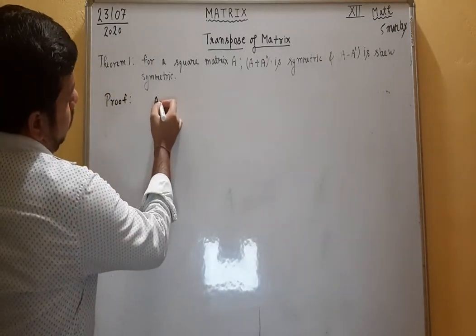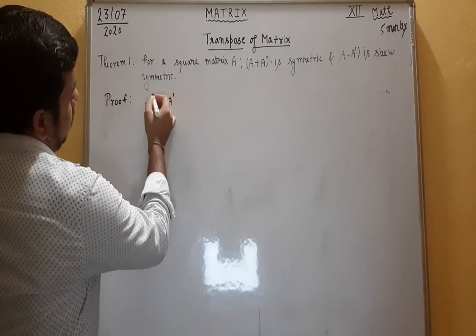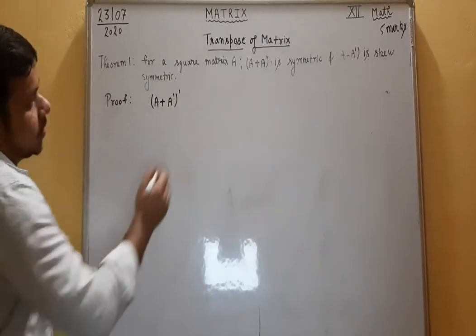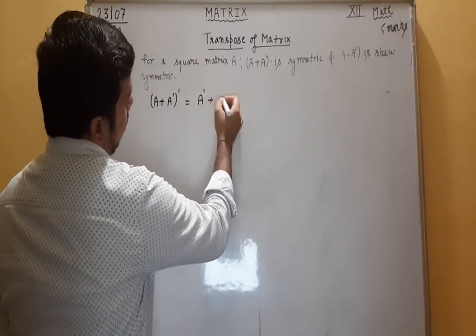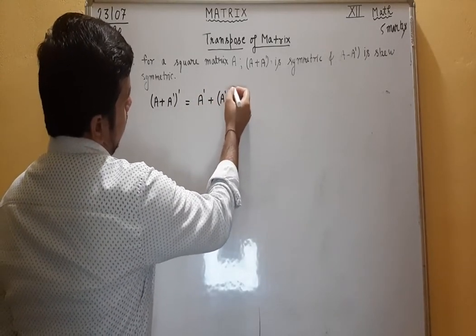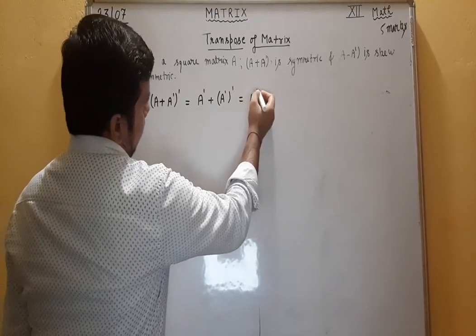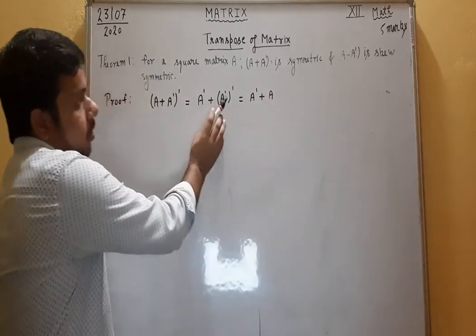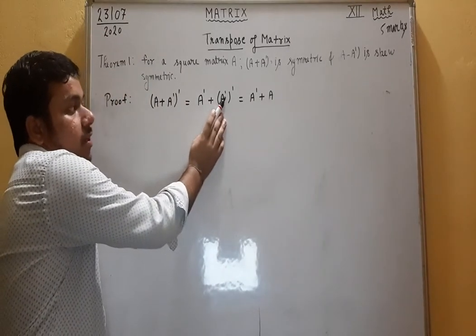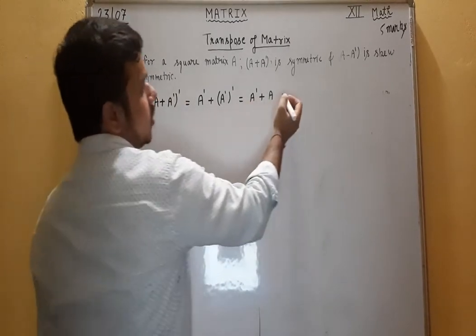First of all, we will prove that A plus A dash is symmetric. To prove the symmetry, let us take a transpose. By first property, it is equal to A dash, A dash dash, A dash plus A. Because if I take a transpose of a matrix 2 times, then it is equal to the original matrix.